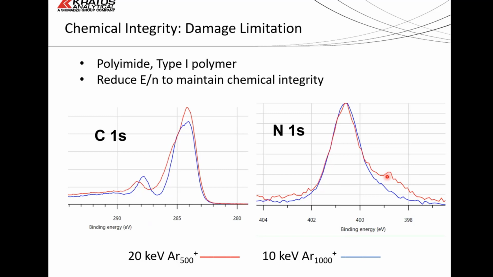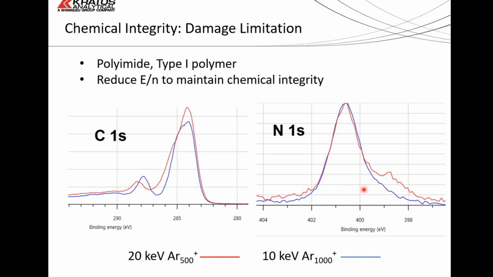Compare that to the 10 kV data: this graphite peak is not really there at all, and these satellite peaks appear much more intensely. You can tell from that separation that things look pretty good. In the N1s peak, there's a very small damage component, not very big at all.